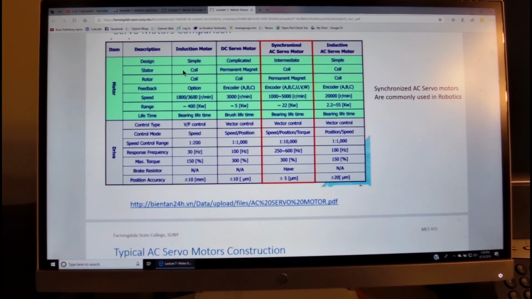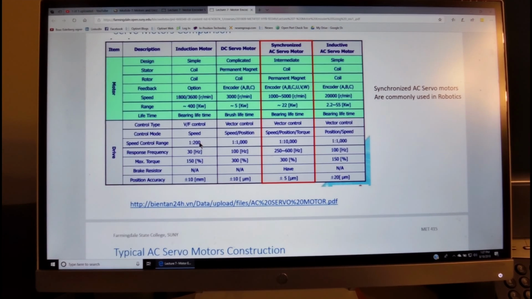If you look at the induction motor, the design is simple. The stator is a coil and the rotor is a coil. Feedback is an option. The speed is about 3,600 RPM. The range of power is extremely high. This is the winner of all of them in the power. And the bearing is the limiting factor of its life. You see that the speed control accuracy is 1:200.